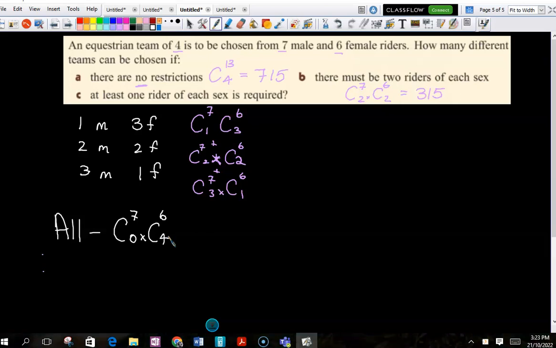No men, all women. And then we also minus, what would I do if I have all men? So what was all of them? 715. So can you pop these in your calculator? Do you get the same answer? I hope you do.